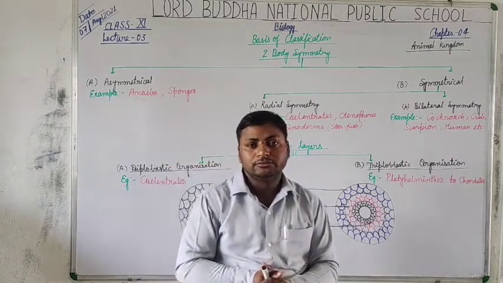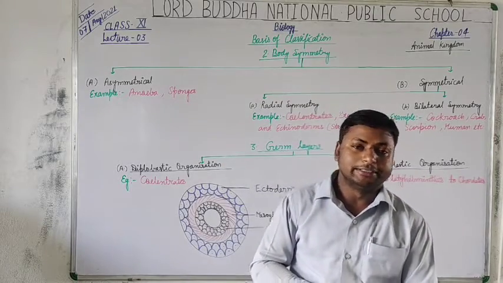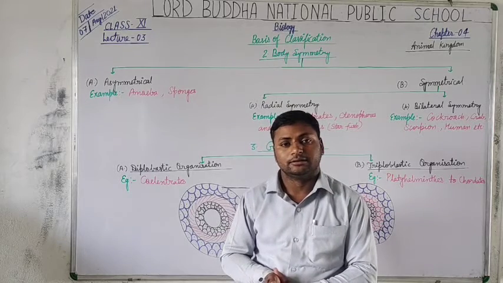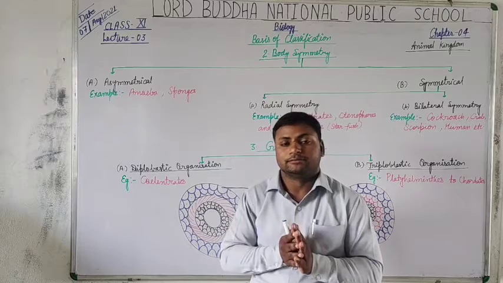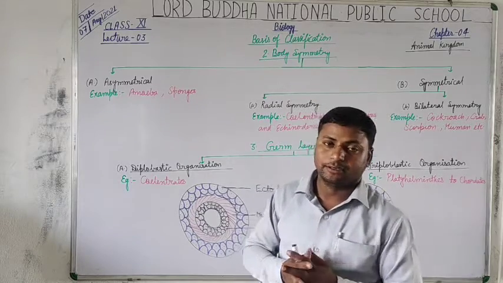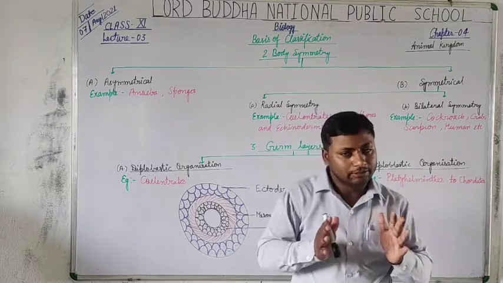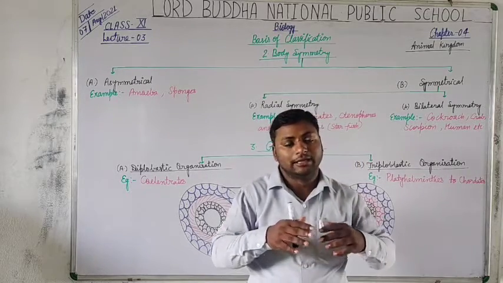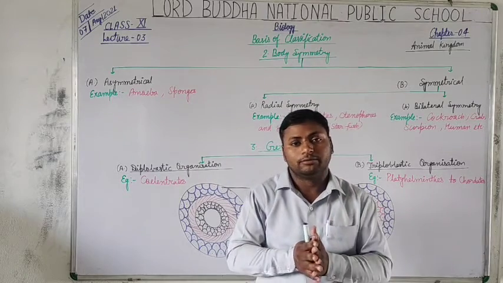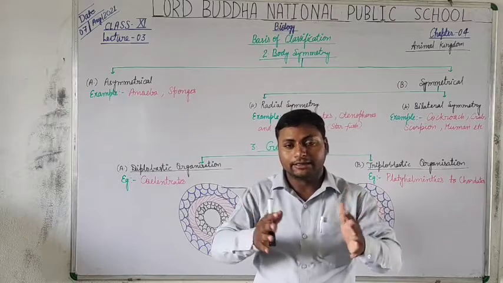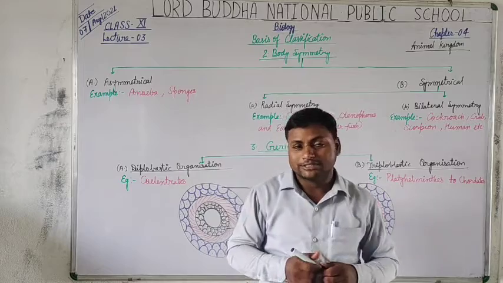Students, different animals have different shapes, sizes and structures. Symmetry means similar. If an animal's body can be divided into two or more equal halves in any plane, this is called symmetry.